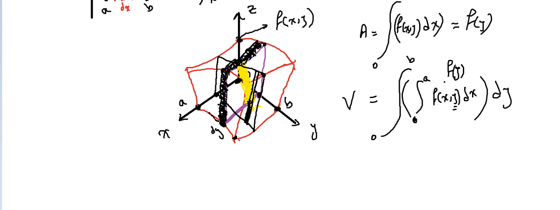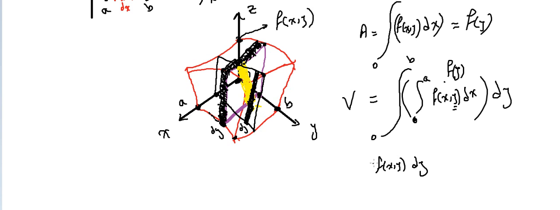So the area of this shaded sheet of paper will be equal to an integral. The dimensions of this sheet of paper are this small dy, multiplied by the height, which is z, which is f of xy.